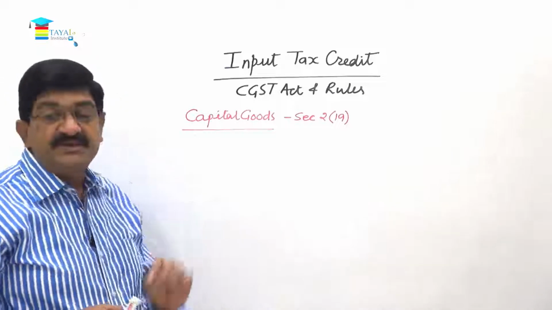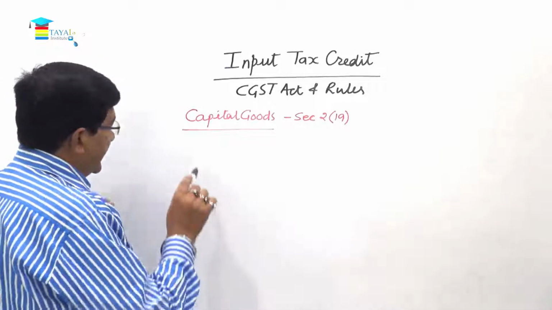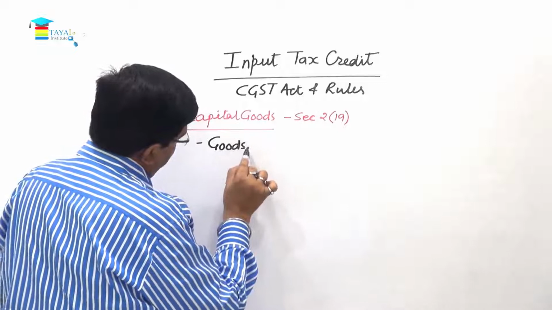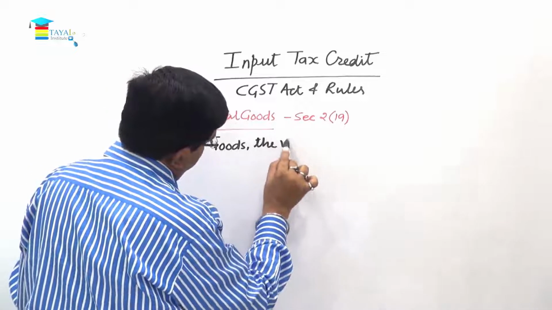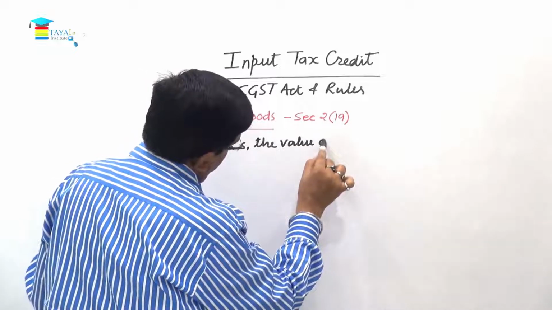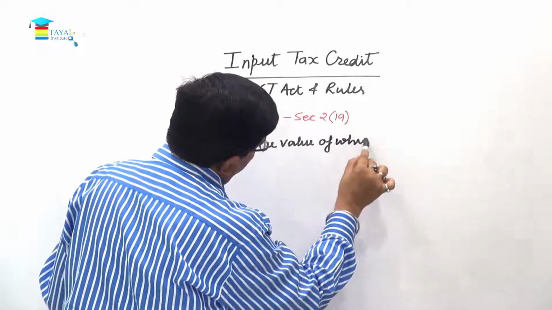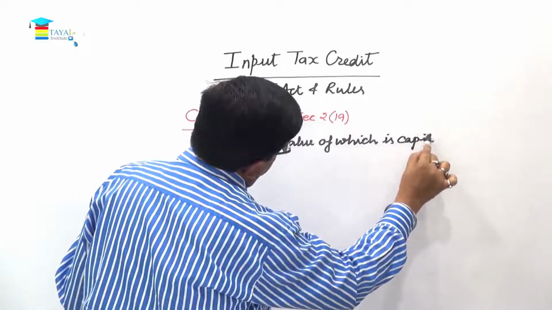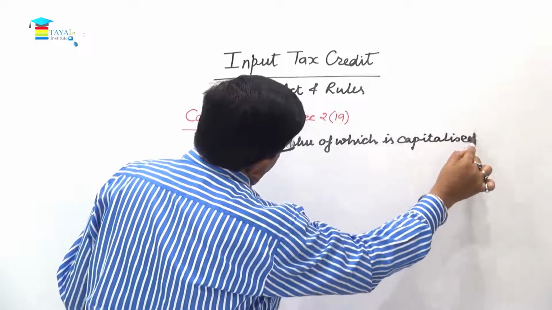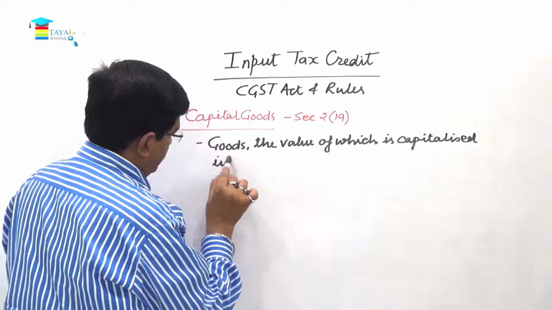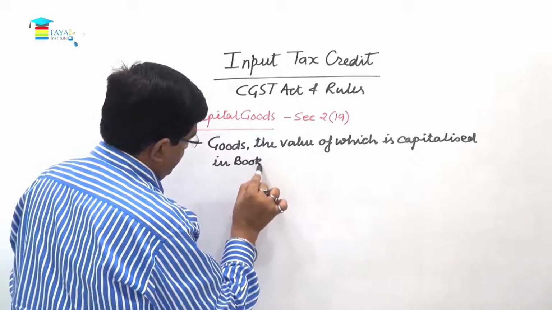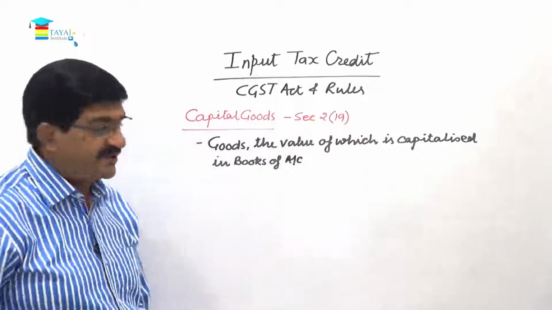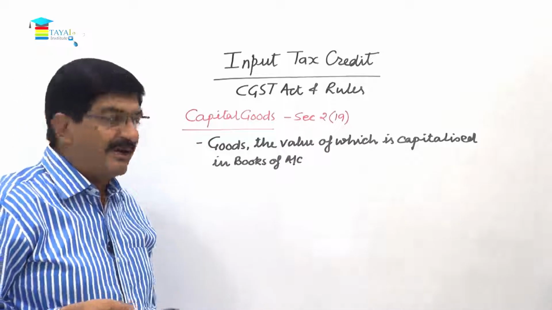So to be considered as a capital good, then first thing is goods the value of which is capitalized in books of account. First thing is the value of the goods which is capitalized.